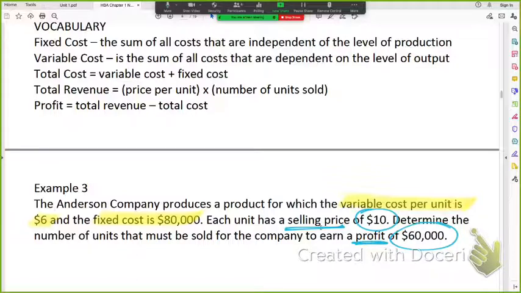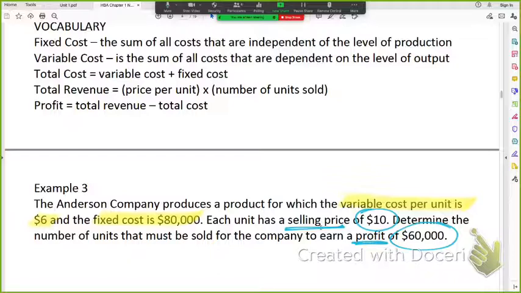The fixed cost is $80,000, so they're basically saying to set up to make any of these, get the building, get the machines, whatever else it is, it costs $80,000 flat. Whether I make 1 unit or whether I make 50,000 units, it costs me $80,000 to set up. The variable cost means each, let's just say, I don't like saying each unit.